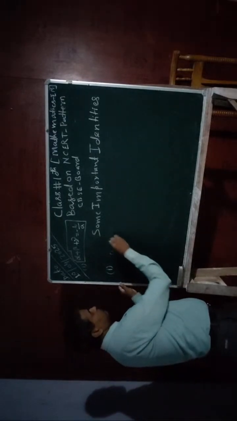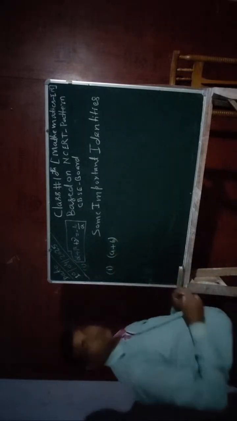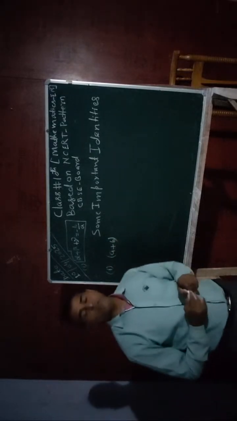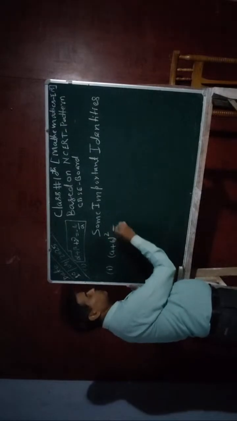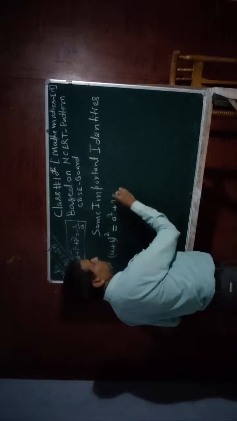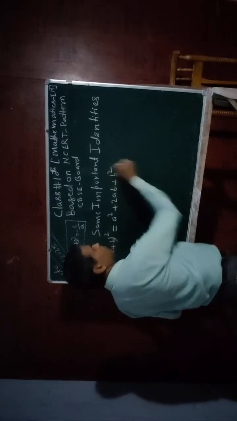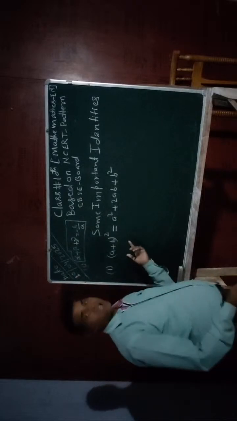Suppose that a plus b, where a is a constant and b is also a constant, lying from minus infinity to plus infinity, and we have to get its square value. So it will be a square plus 2ab plus b square. Okay student, so this is the identity.